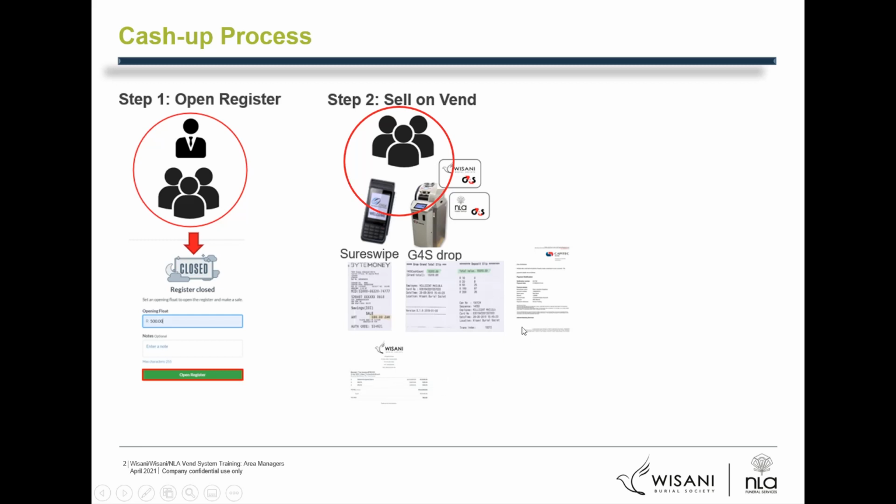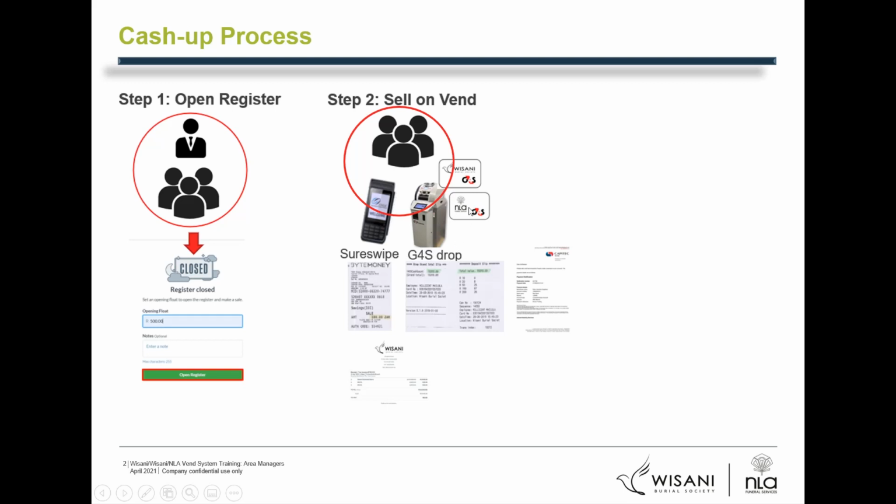Just a note when coming back to all of these various payments, you need to keep these receipts. For a SureSwipe, you need to also indicate on that specific receipt, just write if it was an NLA or Wisani client. And then for the G4S drops, please make sure when you do those drops, every time that you receive cash, you need to go do an immediate G4S drop.